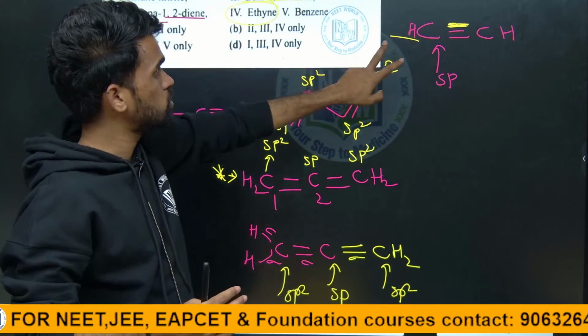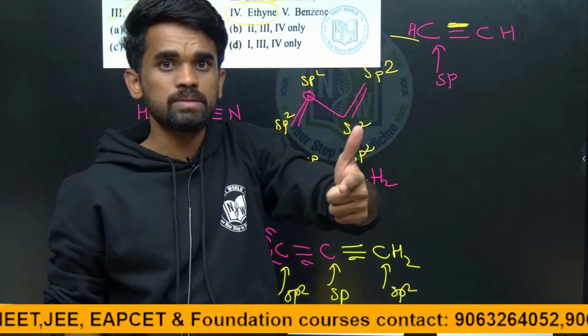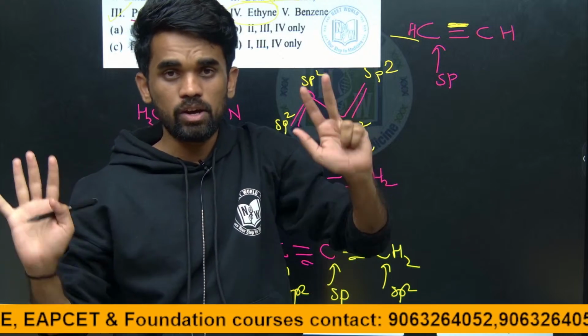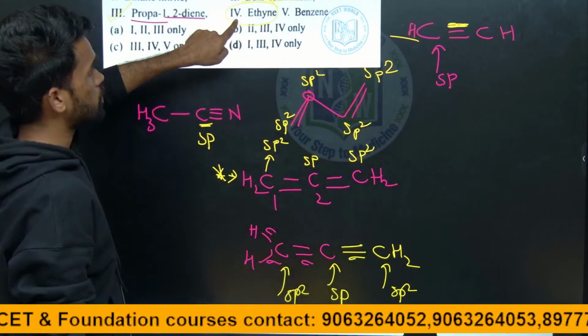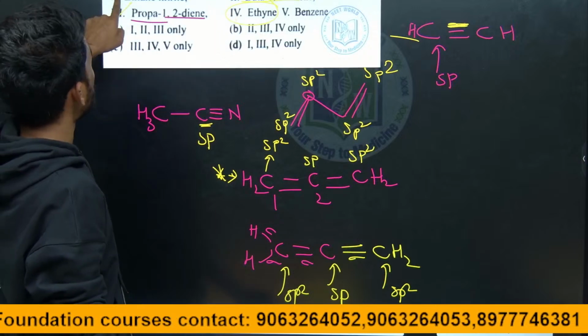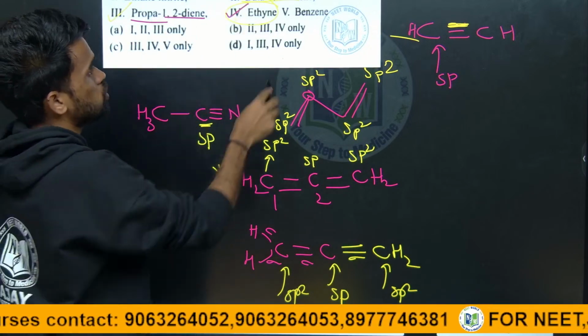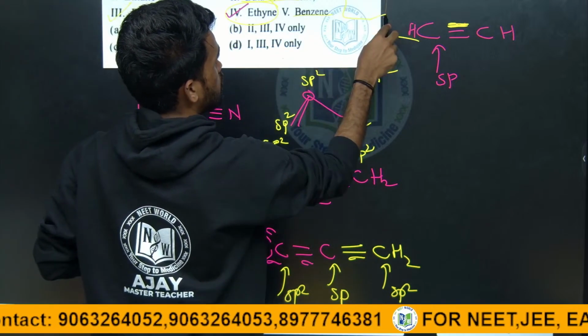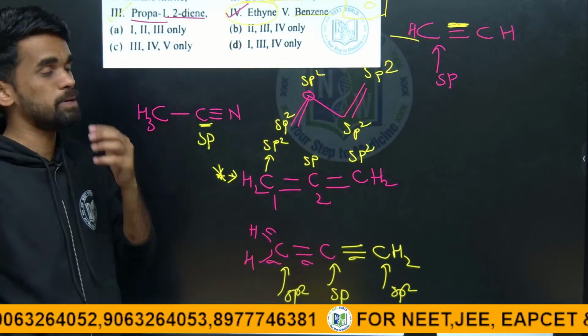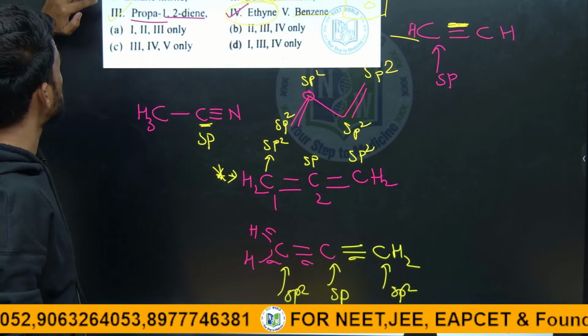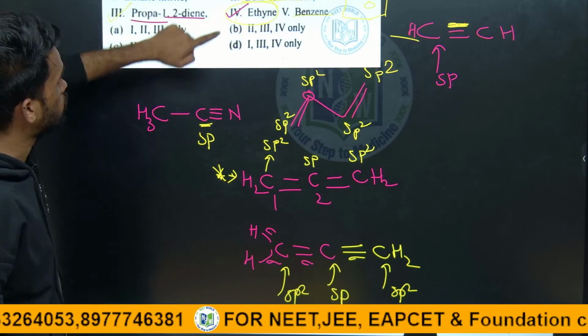If 2 sigma bonds are there, sp; if 3, sp2; if 4, sp3. So the first, third and fourth will have it. Benzene is C6H6, all carbons are sp2, therefore the suitable answer is 134.